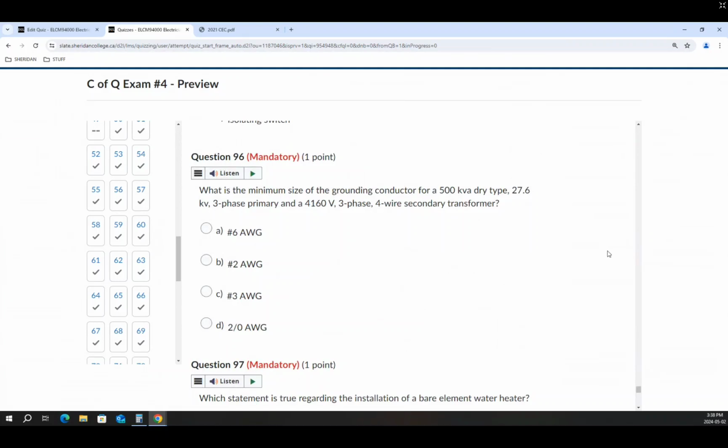96. The minimum size of the grounding conductor for a 500 kVA dry type 27.6 kV three-phase transformer. Minimum size. Grounding conductor.